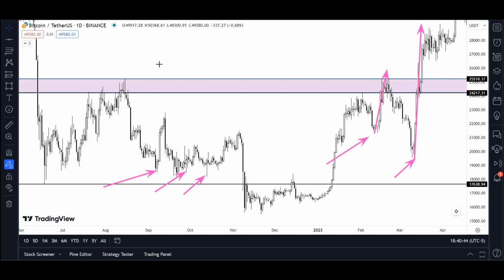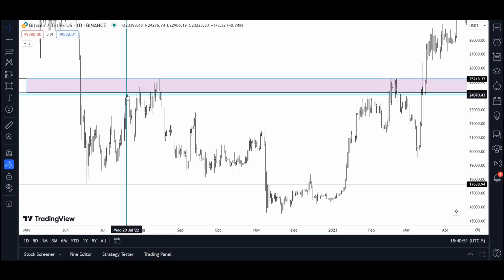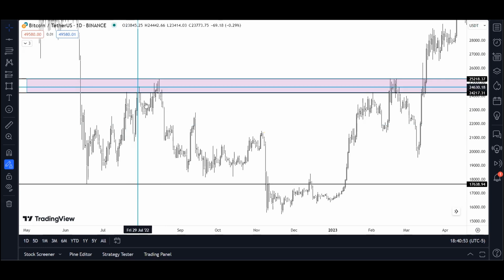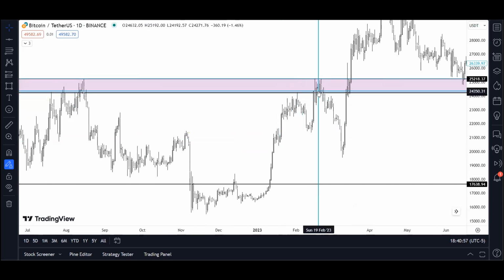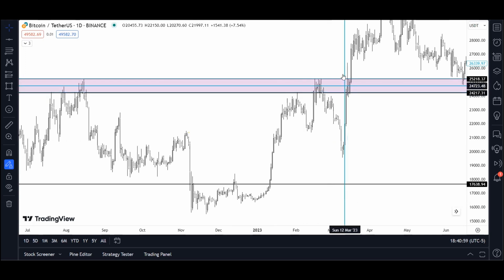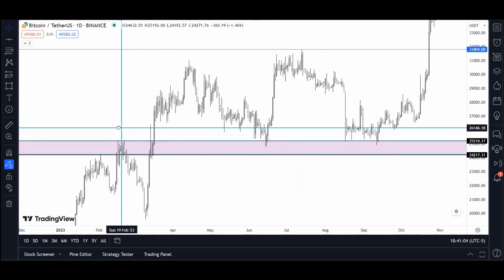Still, we have to map out this pink or purple range because going back from July of '22, where it rejected three times here, it ends up being relevant again in February and then March of the next year. So very important. Now, we keep that range the same.